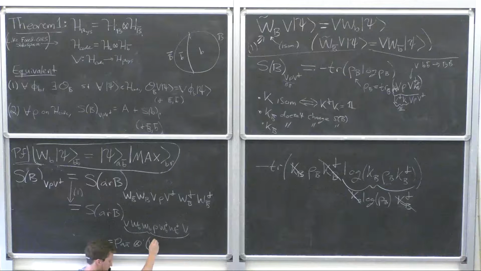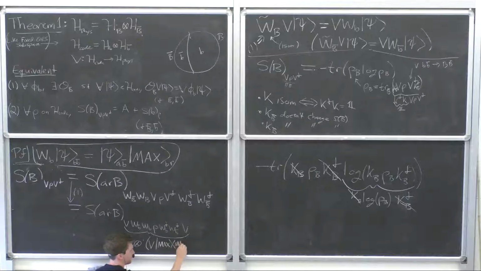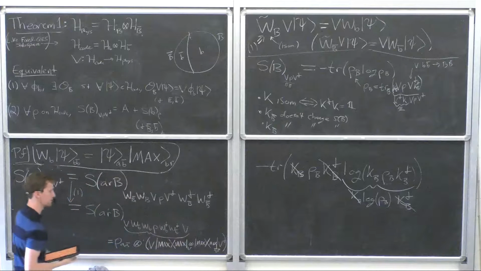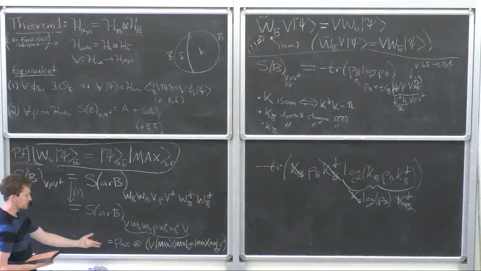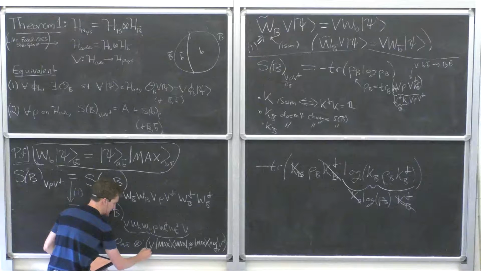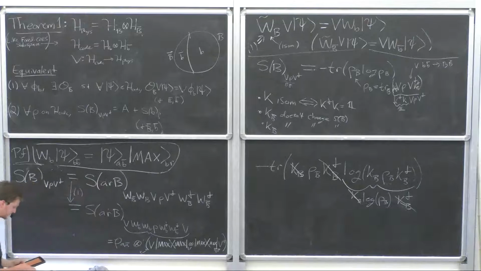So it's just like V, and then max on little b little r, tensored with max. This is like the density matrix of the maximally entangled state on little b bar, little r bar, V dagger. Okay, so what's important is there's no rho dependence there at all. It's just some state. We could call it chi. Some density matrix.